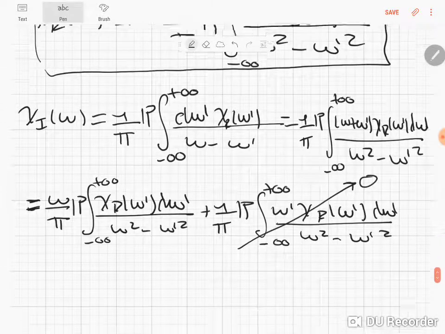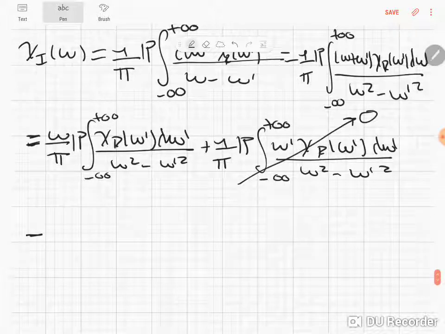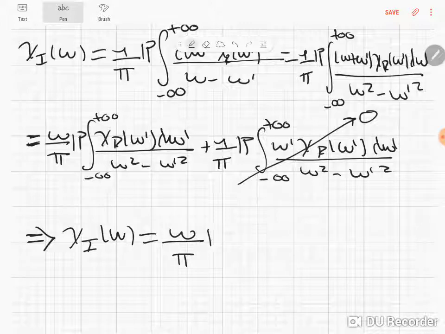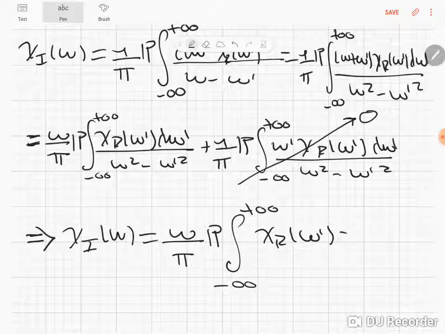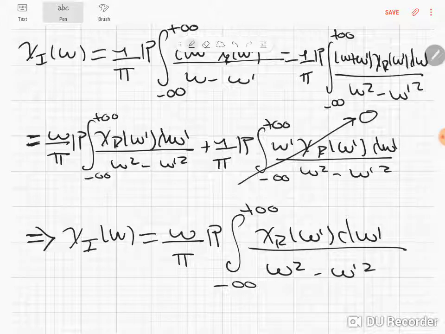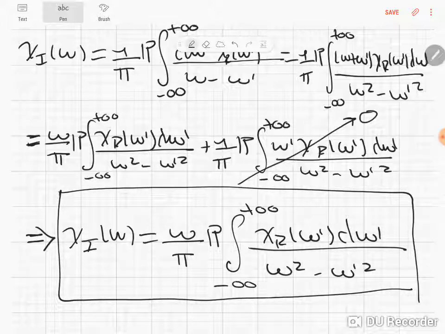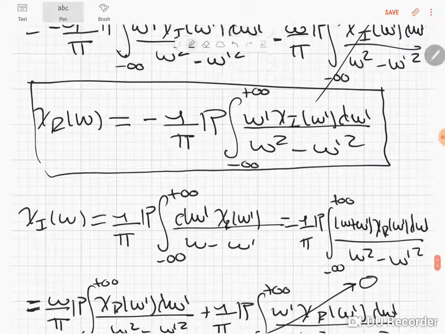In that case, we write the Kramers and Kronig relation for chi imaginary of omega equal to omega divided by pi principal value of the integral from minus infinity to plus infinity of chi real of omega prime d omega prime divided by omega square minus omega prime square. So then this is the other form of Kramers-Kronig relation for the imaginary part of the susceptibility.